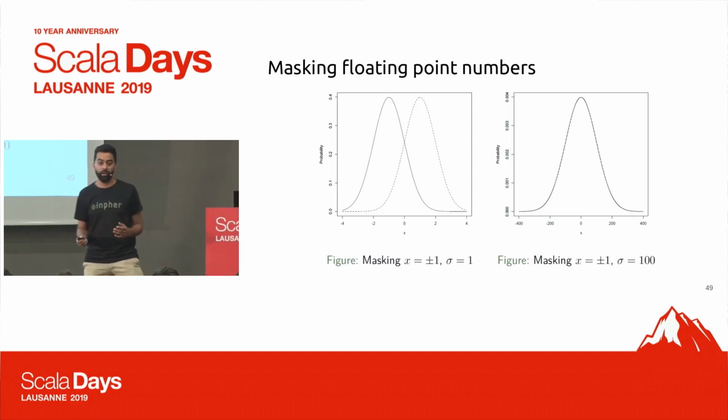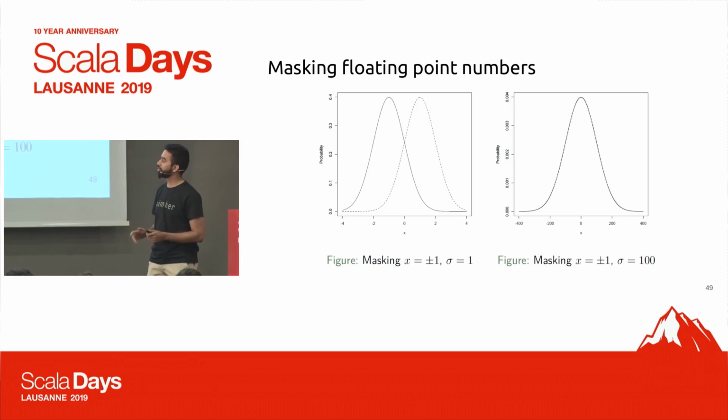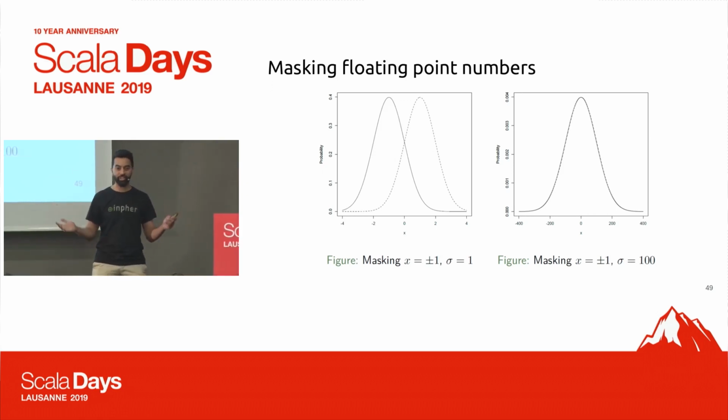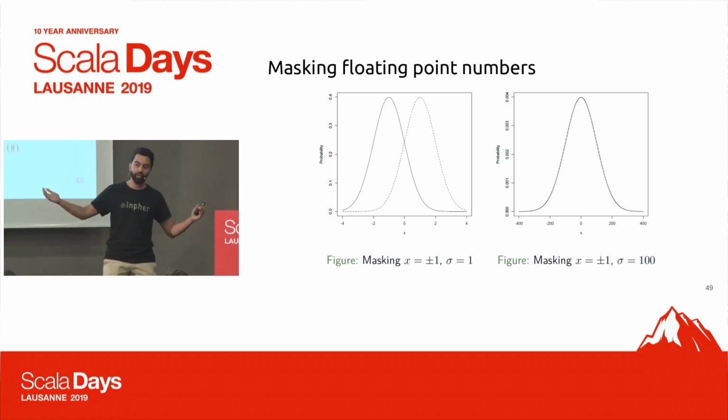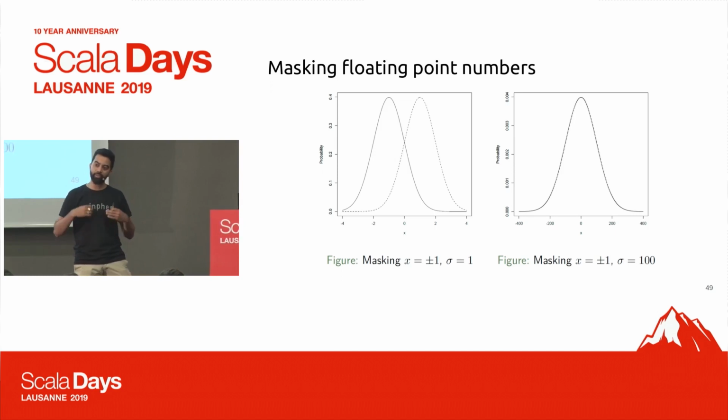Unfortunately, in real life we have floating point numbers, and those are slightly harder to mask. I'm going to try to give you a bit of intuition as to why. In floating point numbers, the fixed range does not exist. It's essentially real numbers. So how do I mask real numbers? Well, the best I can really do is to take my plaintext, have a normal distribution around it, and then pick something from that.